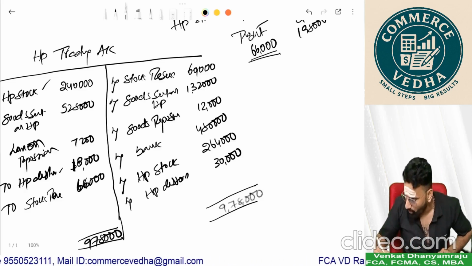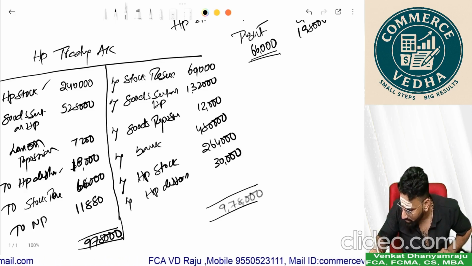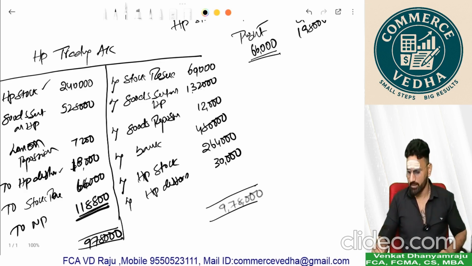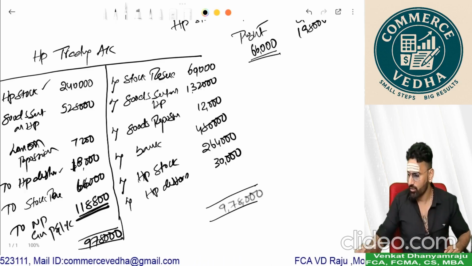Answer is profit 1,18,800. This is to be transferred to general P&L account. So this is the first method.